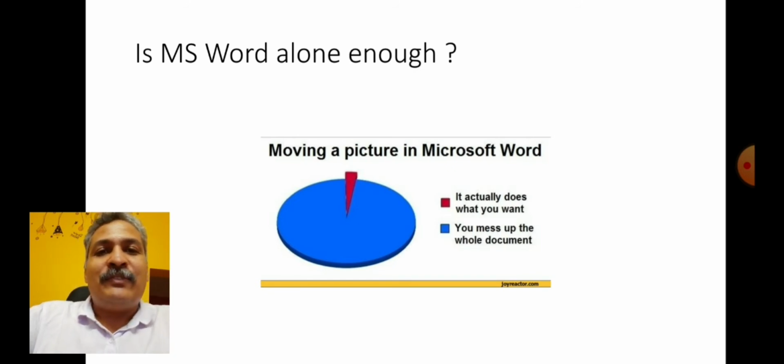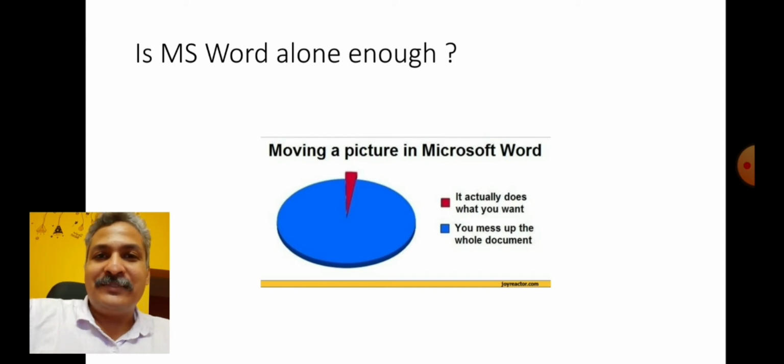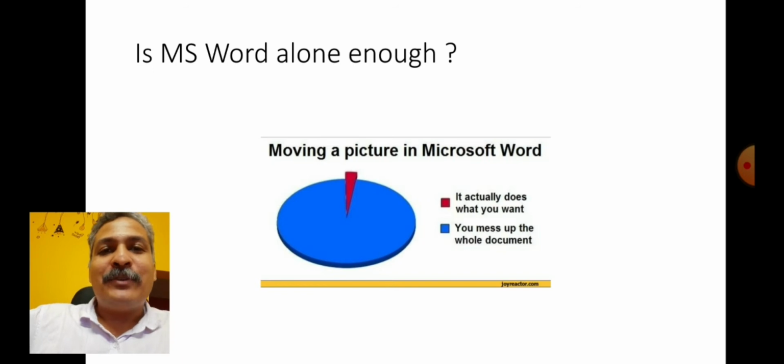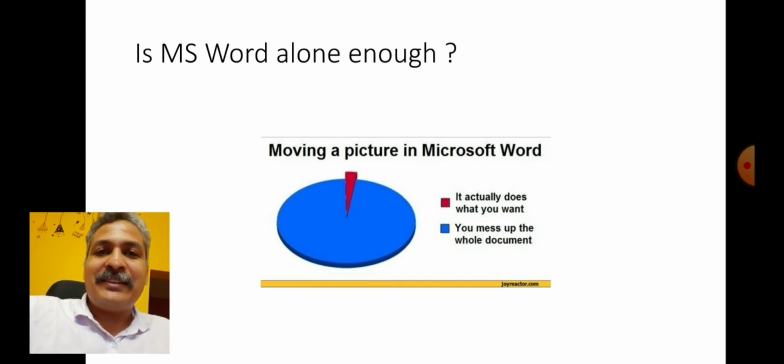Now, most often, I think we are all familiar with Microsoft Word, which is often used for drafting letters, for drafting reports, for spell checking, for correcting the grammar, etc. But most often, many people use it for compiling data, that is raw data which should have been used in an Excel, or some people also use it for designing brochures, etc. The fact is that Microsoft Word can do all these things, but it is not optimally designed to do this type of work.